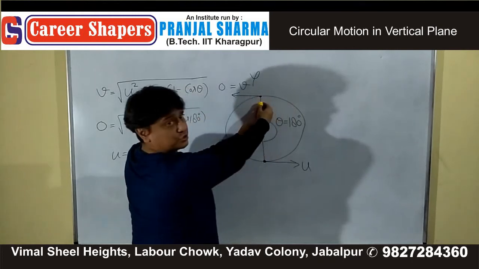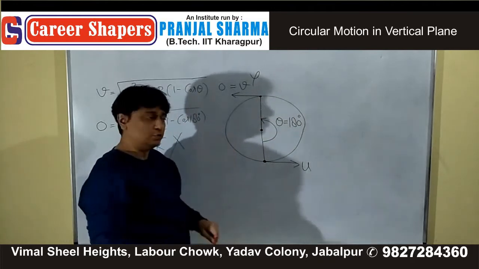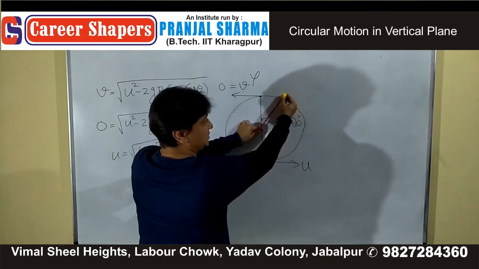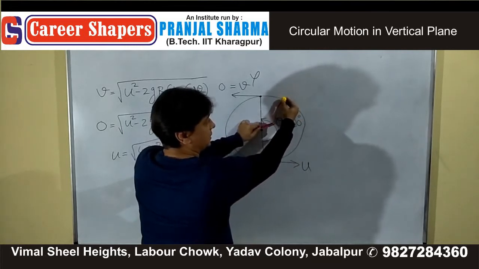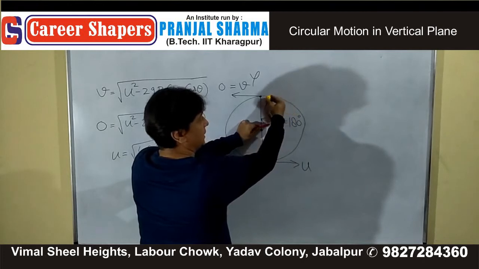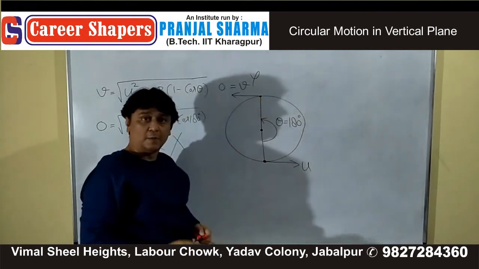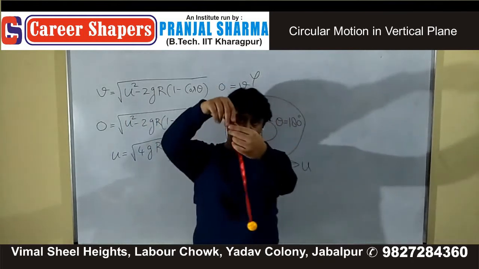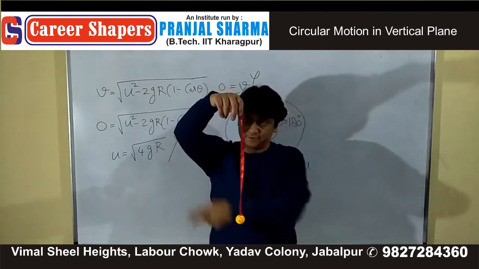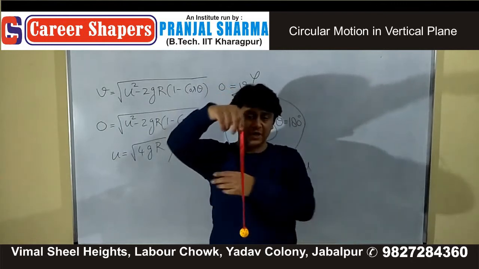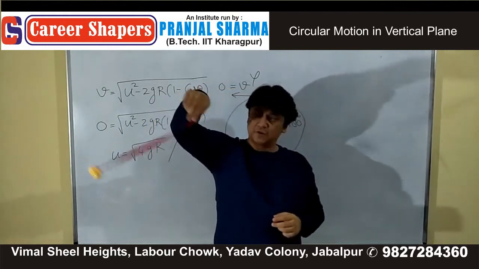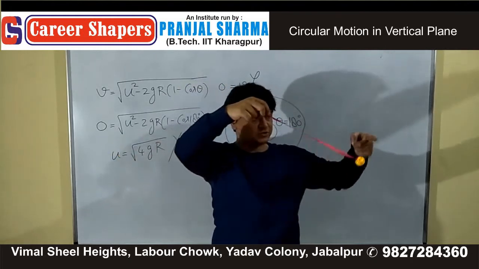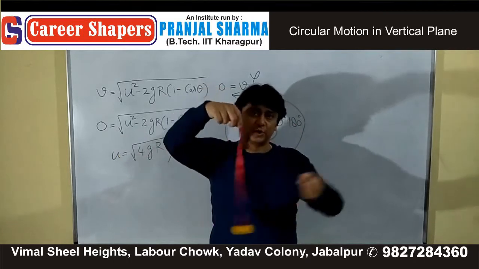It is passing from this position. You increase the u. As you increase its velocity, it will reach somewhere here. Again, tension is gone. It moves like this. But it never stops. So what we say, if object is in the lower half, at the extreme ends, its velocity is 0.